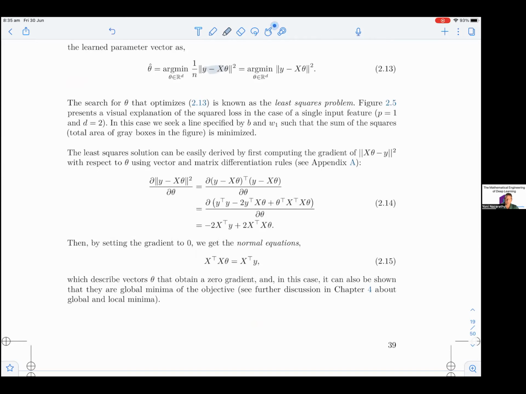This is an n-dimensional vector, y minus y hat, squared. Or you can also get rid of this 1 on n, and it's still the same argmin, because that 1 on n is just a constant.